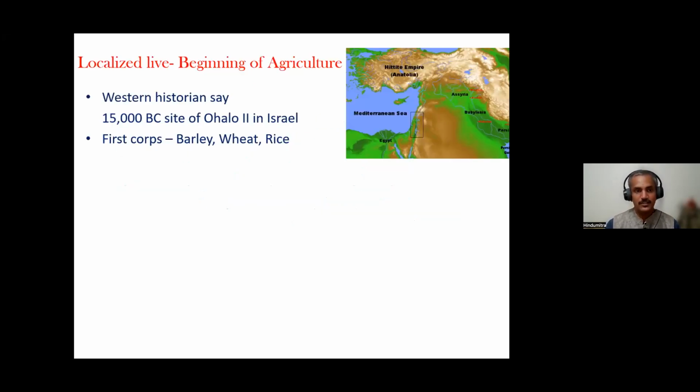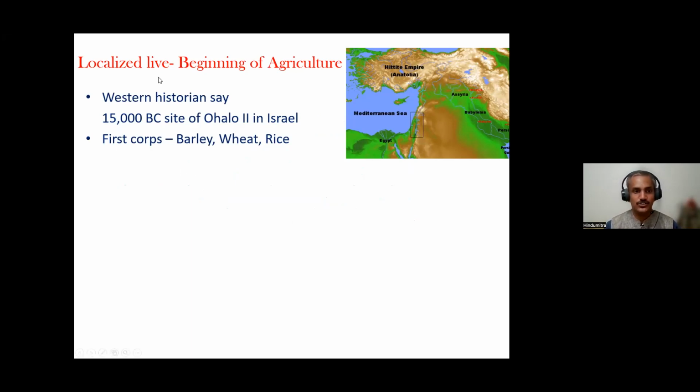Now, another piece of evidence on the migration of humans comes from agriculture. Western historians always, in a Eurocentric way, try to portray that the whole world originated from the Middle East, that is the Israel area.